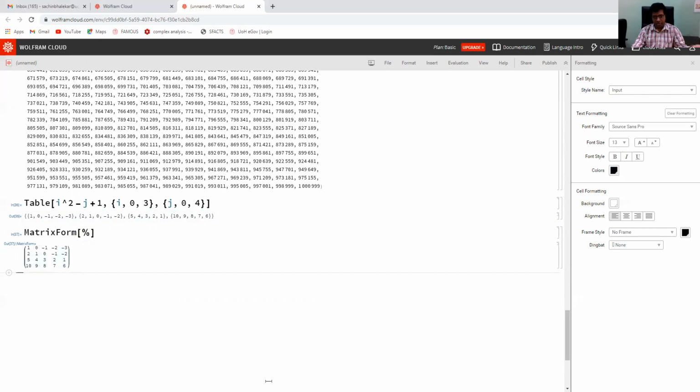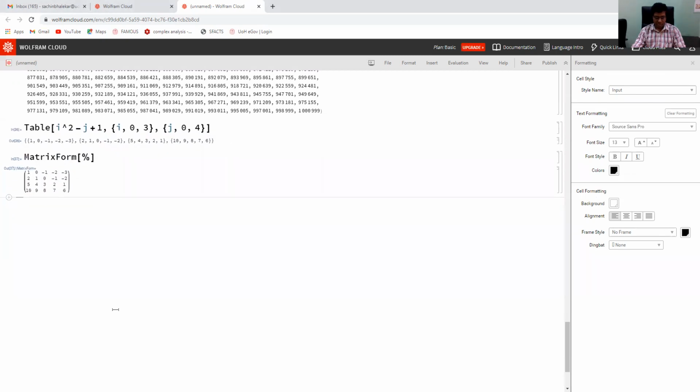Now let us see some operations on vectors and matrices. So we start with vectors. Let us give input of two vectors.